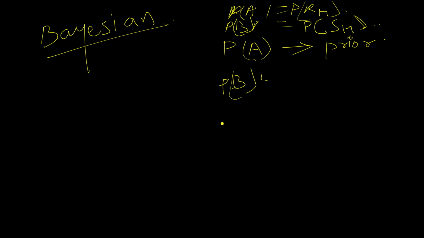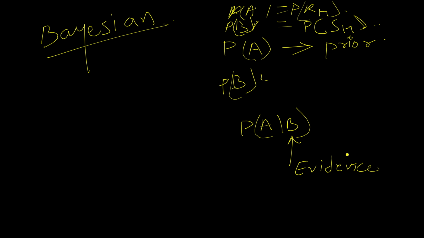If I ask what is P(A given B), and B in this particular case is the evidence, given that we have the evidence that B occurred, what is the probability of A?